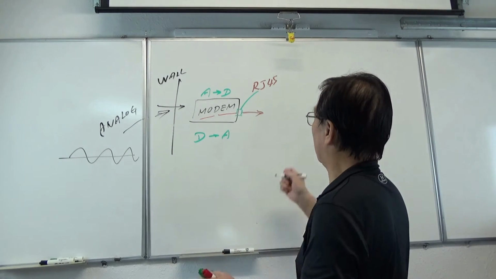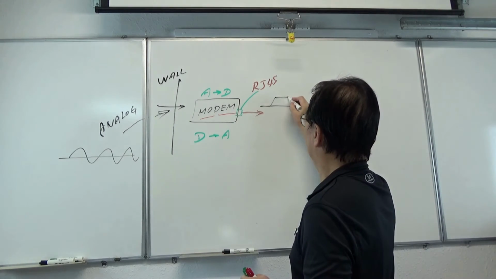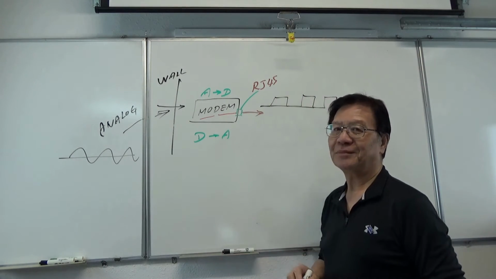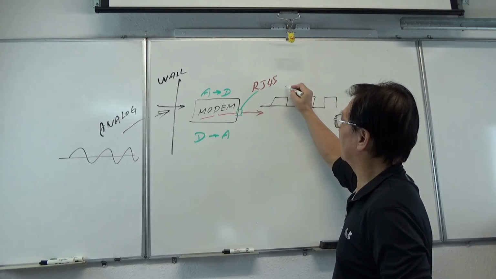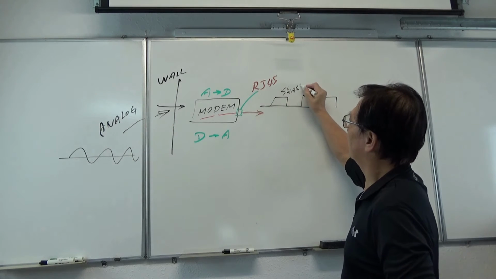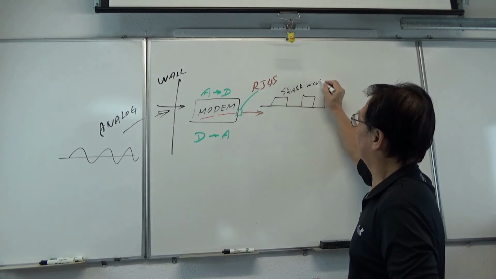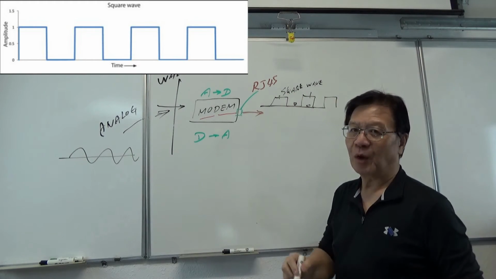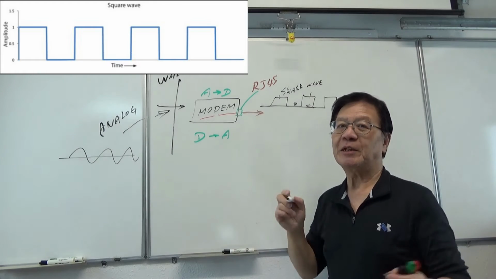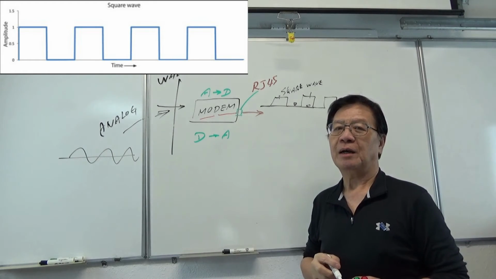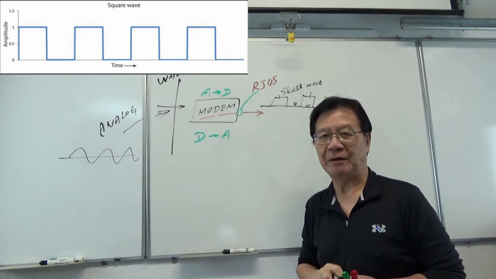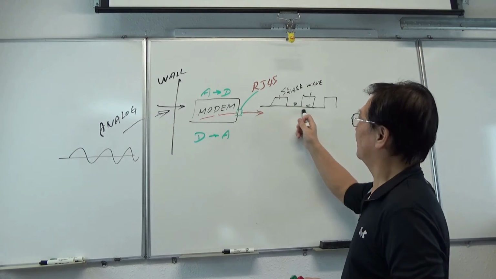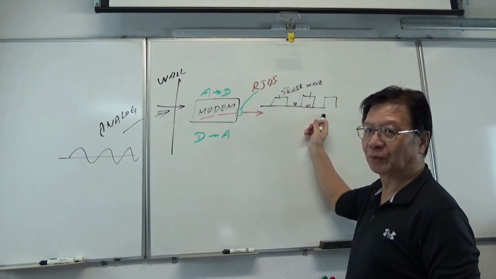The signal is like that. We call that a square wave. This is 0, that's a 1. There's a 0, there's a 1. 1, 0, 1, 0, 1, 0. That means digital. Computers understand only that, so we convert to digital like that.